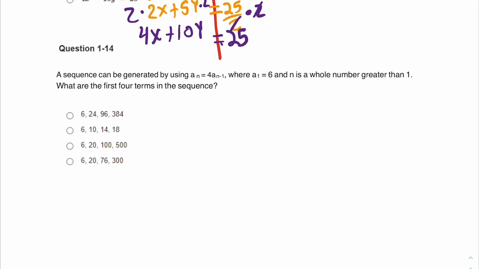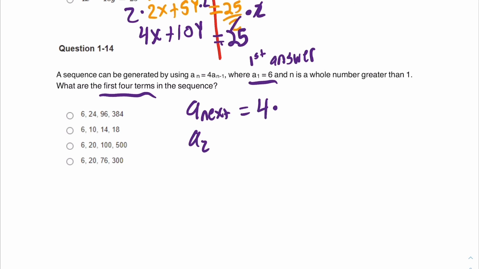Ooh, a question about a sequence. Okay, so they said A1 is 6. So that's the first answer. And they want you to find the first 4 terms in the sequence. To find the next number, which is A2, we're going to do 4 times the previous. The n means whatever number you want to plug in is going to be equal to 4 times n minus 1, and n minus 1 just means previous.